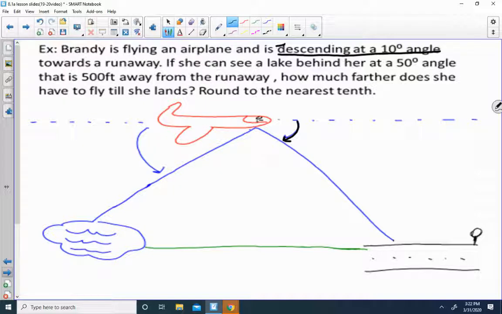And specifically, how far is she going to point her plane downwards? She's going to make it descend 10 degrees. So in other words, she's going to make the airplane tilt 10 degrees so it starts pointing towards land, so then she could land at the runway.